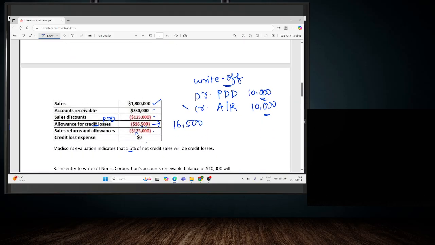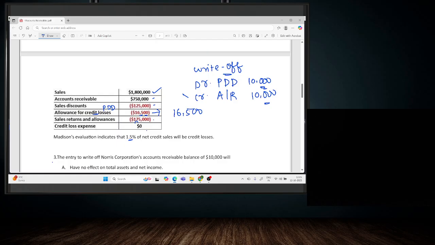Now Madison's evaluation indicates that 1.5% of credit sales will be credit losses, right? What is the net credit sales of Madison? Is it 18 lakh? No, this 18 lakh is the total sales. But out of this 18 lakh rupees, we gave a discount of 1,25,000, and there is a sales return of 1,75,000, right?